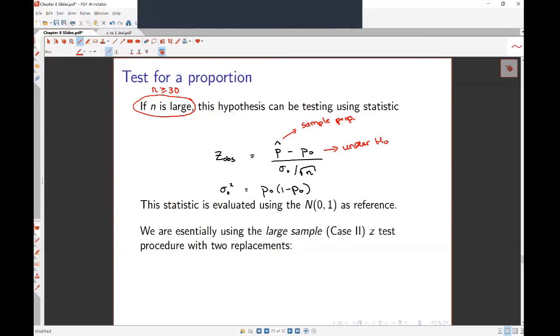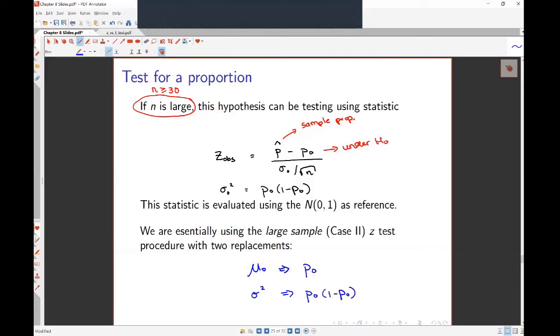And if you want to formulate all our content as a test about a population mean, you can do that. The fundamental mind shift is, instead of working with mu naught, you're working with a value p naught, and instead of working with variance sigma squared, you're working with a quantity p naught times 1 minus p naught.